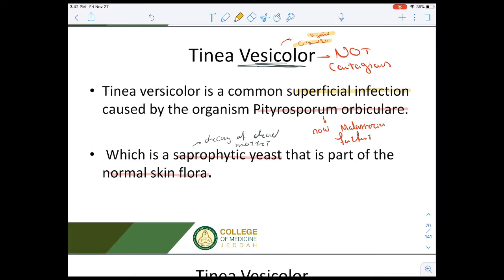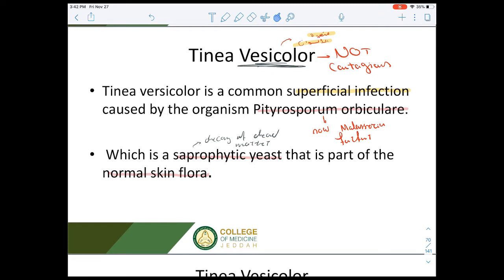It is common because the causative agent actually is part of the normal flora of our skin. That is, you all actually have the causative agent, which is known as Malassezia furfur, living on your skin. It's just that you have not yet been exposed to certain factors that might cause this agent to cause the illness that we can see here, which is tinea versicolor.